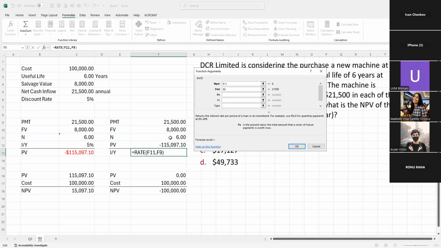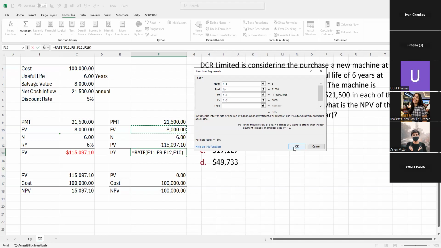Now the present value is the total amount of a series of future payments which is worth that much now. So the way you have to receive or understand the present value is, if you get that money in the future, how much you have to pay today. That's why we're entering the present value with a negative amount. That's our present value here, and the future value is positive 1,000.